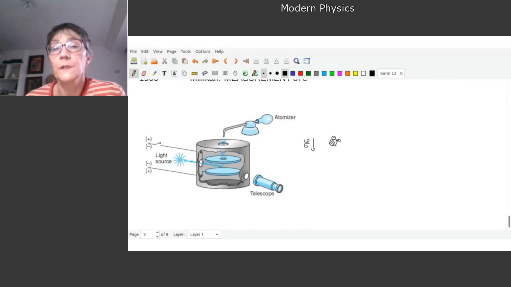You have some charges, and this is a big one, it's macroscopic. You can see it. You have a telescope. You have to illuminate the whole scenery to watch really what happens with your oil drop.